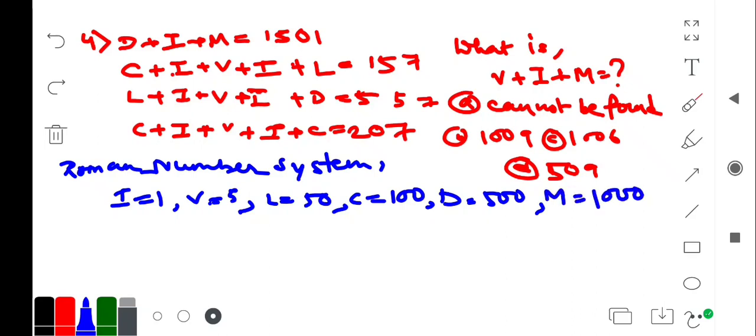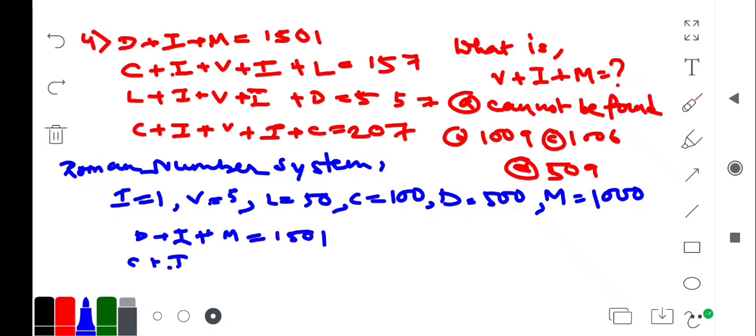ঠিক আছে, এটা যদি মনে না থাকে you can leave this question, okay, because this is very tricky to memorize. That is I equal to 1, V equal to 5, L equal to 50, C equal to 100, D equal to 500, and M equal to 1000. Okay, so we get D plus I plus M equal to 1501.